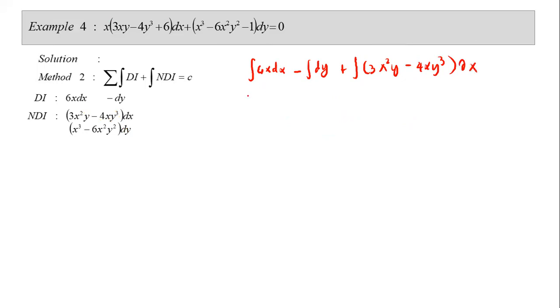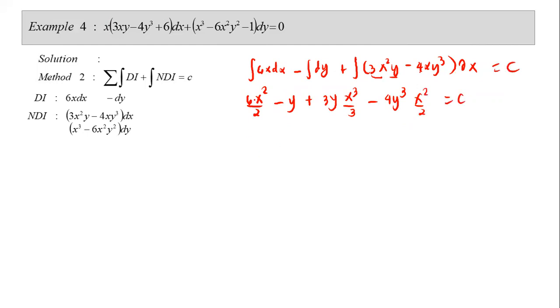So you shall have 6x squared over 2, that's the integral of 6x dx, minus the integral of dy is y, plus you are integrating with respect to x. So 3y is constant, you can throw it out, then integrate x squared, and that is x cubed over 3. Minus, you are integrating with respect to x, so 4y cubed is constant. And then integrate x, and that is x squared over 2, and then equate it to c.